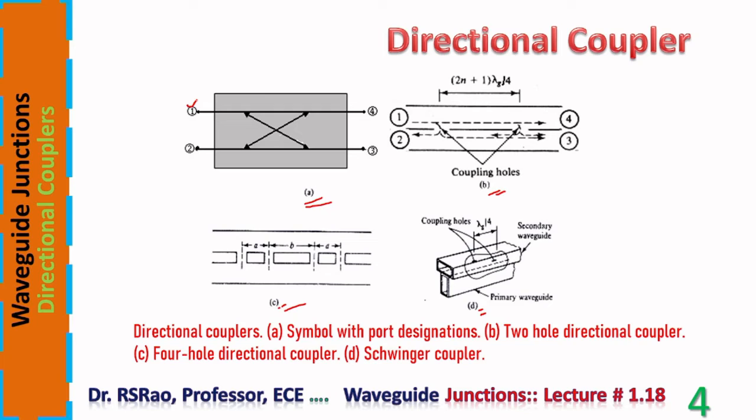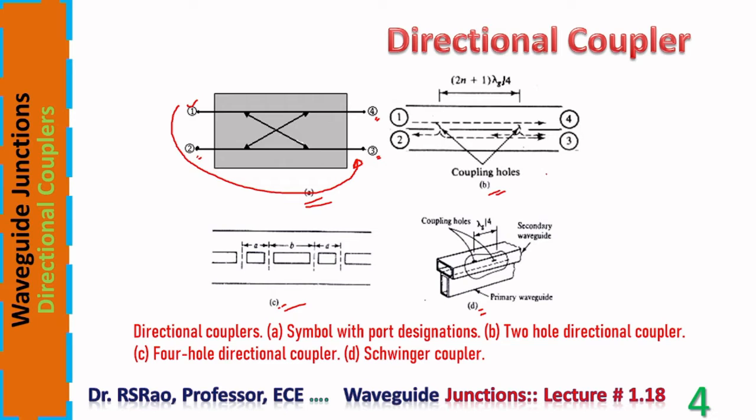The port below input port is given number 2. Port opposite to 2 is given 3. Above port 3 is given 4. Hence 4 is the output port. 1 is input port, 2 is decoupled port, 3 is coupled port, 4 is output port. The numbering is given in anti-clockwise manner.